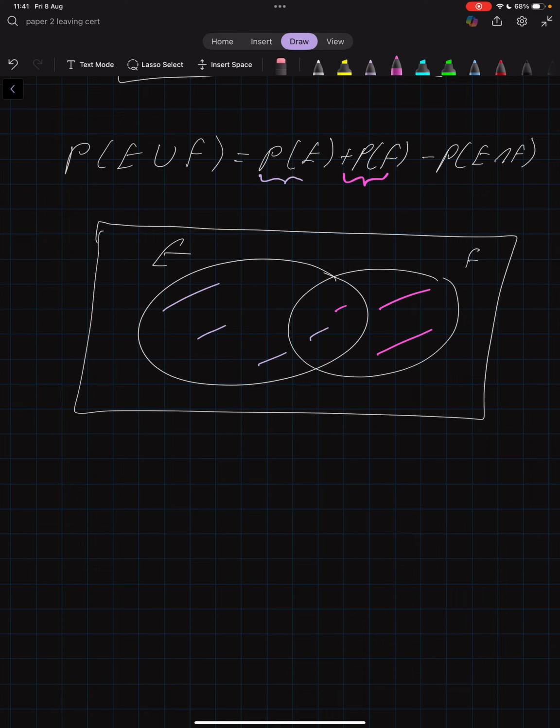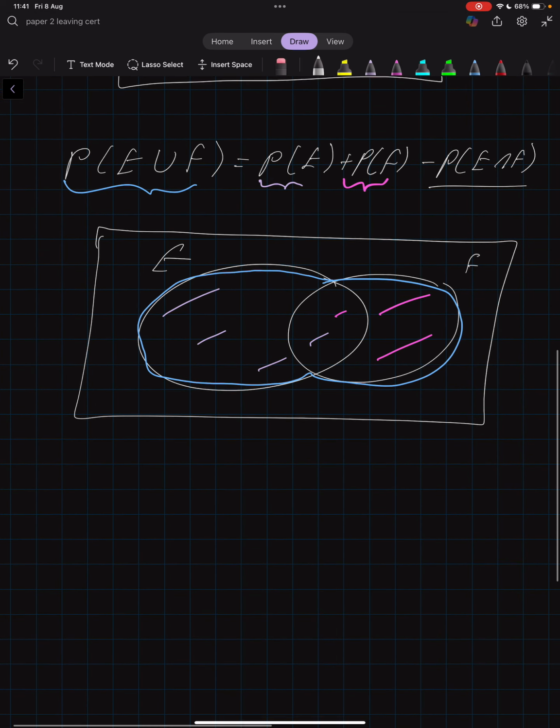So what I've done is E union F, this thing here, is equal to this. So if I add the probability of E and the probability of F, I've added the center part twice, and therefore I need to minus it off here. Okay? And that's it. All right?